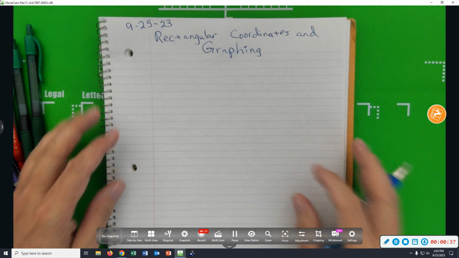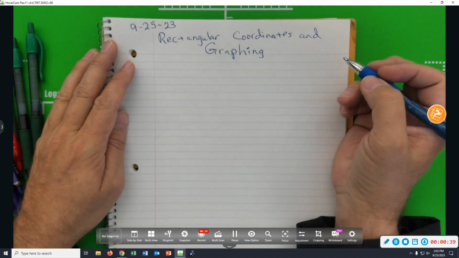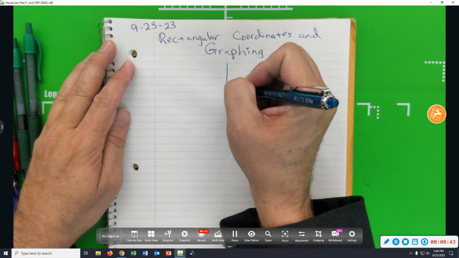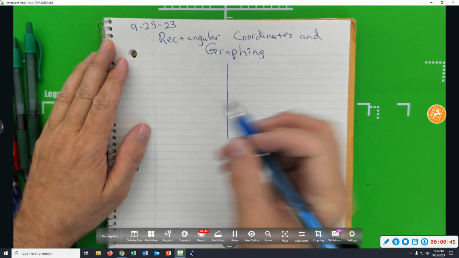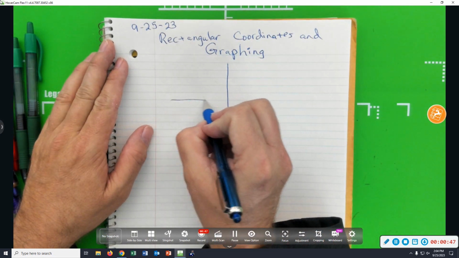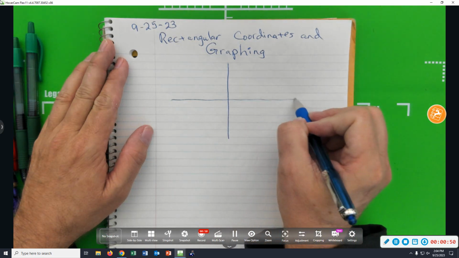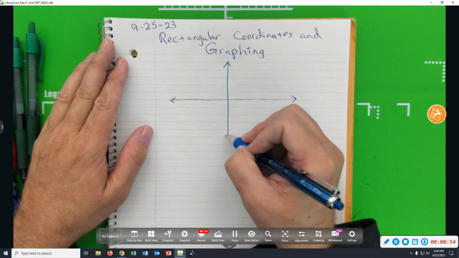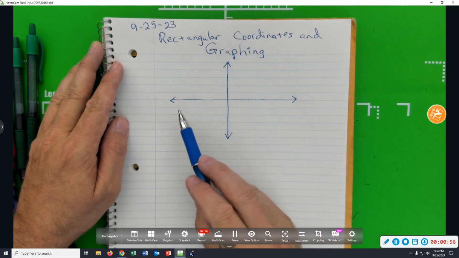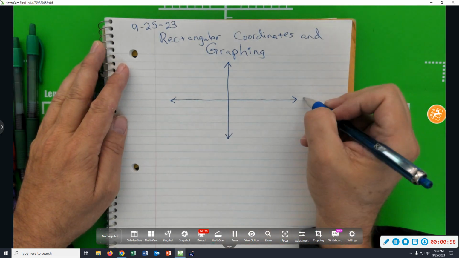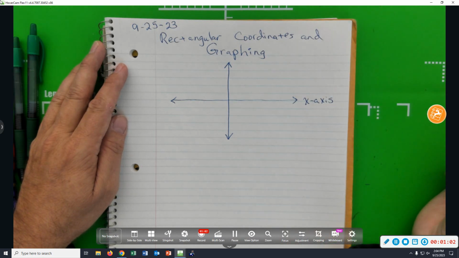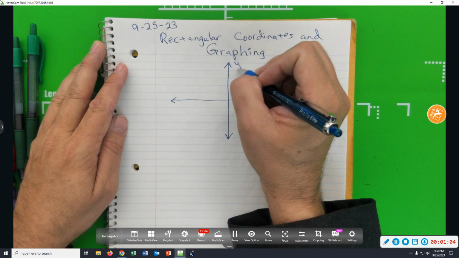Okay, the rectangular coordinate system consists of two number lines, a vertical number line and a horizontal number line. The horizontal number line is called the x-axis, and the vertical number line is called the y-axis.